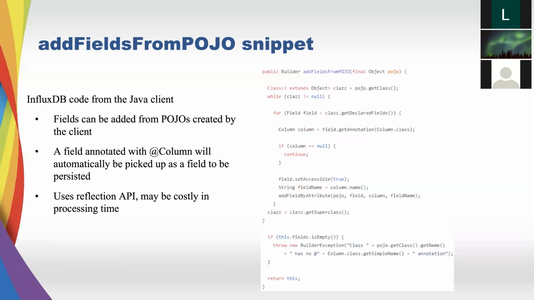So for our next snippet, add fields from POJO. This is from the same Java client code base, but this portion is a builder method that basically takes a POJO that the user can create and then looks for a column annotation that the POJO's fields have been annotated with in order to figure out what to persist into the database.